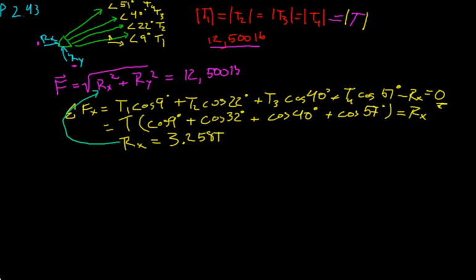Alright, next step. Got to solve for the Y's. So sum of the forces in the Y. Same thing. In fact, I'm going to skip this first step and move right on to this step right here.